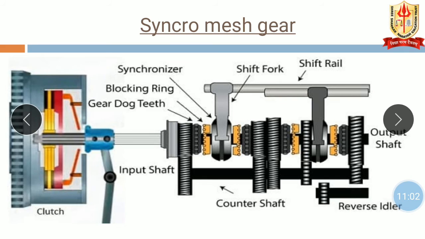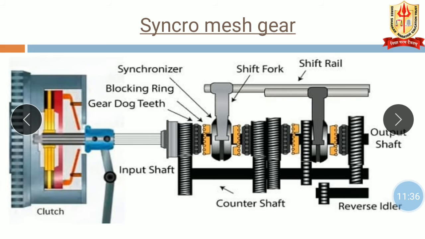Okay, so what happens in this synchronizer: suppose we are shifting to the first gear. When we want to select the first gear, the synchronizer first synchronizes the speed of this gear, because the gears are already rotating and we want to change the speed by selecting a different gear. So first we have to synchronize the speed of that particular gear, so that we can have smooth gear changing.